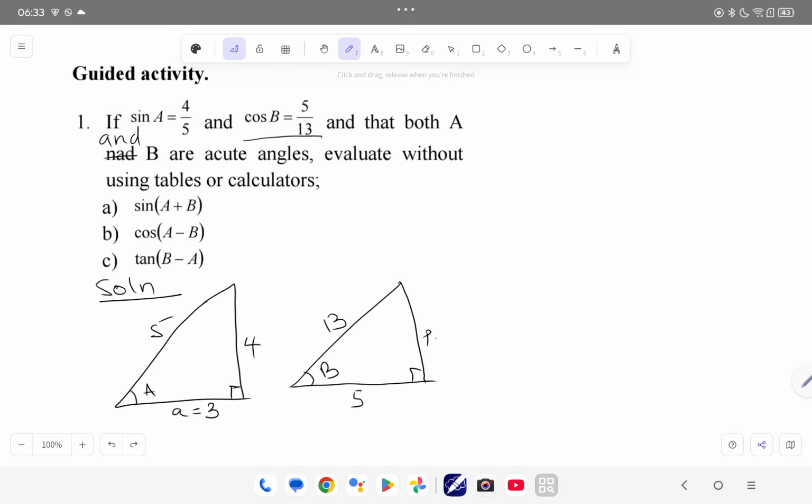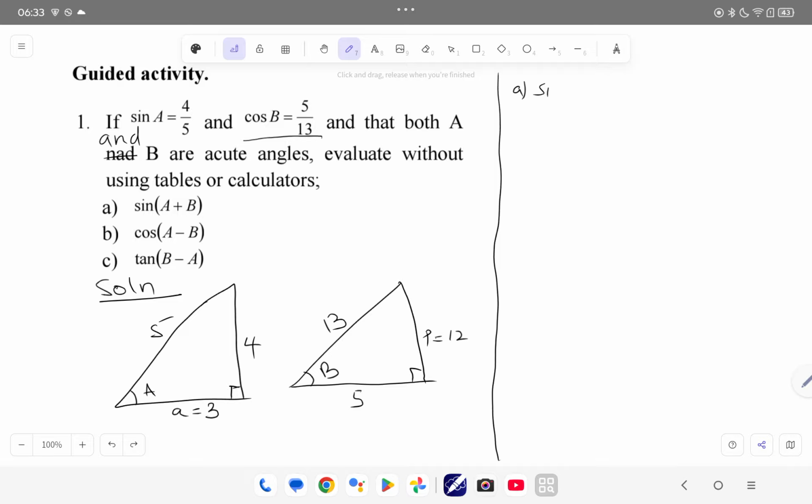We shall be able to get the value of p as 12. We have just skipped those procedures to save the length of the video. You can pause our video and work out that Pythagoras theorem. It should be part of your working as you are doing this kind of solution. Now, since we have got that, we can proceed with our solution.